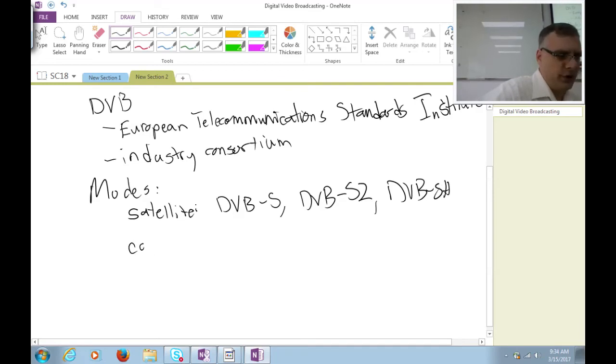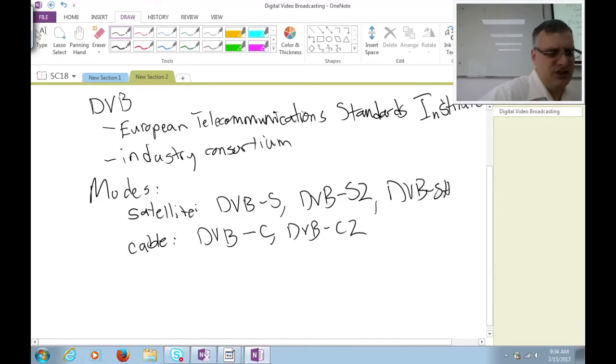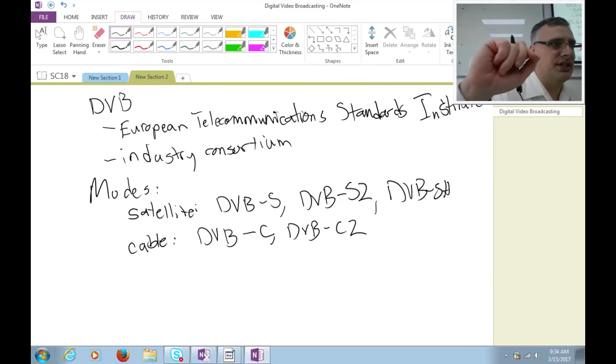There's another set for cable. Not surprisingly, this is called DVBC, and there's a DVB-C2. You see there's kind of a similar evolution where the first 1990s standard for digital transmission got supplanted by later standards developed in the 2000s that took advantage of the latest and greatest telecommunications ideas.